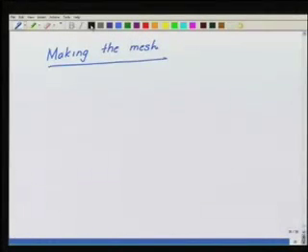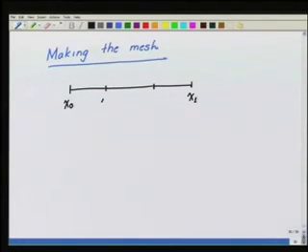In order to make the mesh, as far as the computer is concerned, it has these points x0, x1, x2, x3, with lengths L1, L2, L3. How do we go about constructing the mesh?